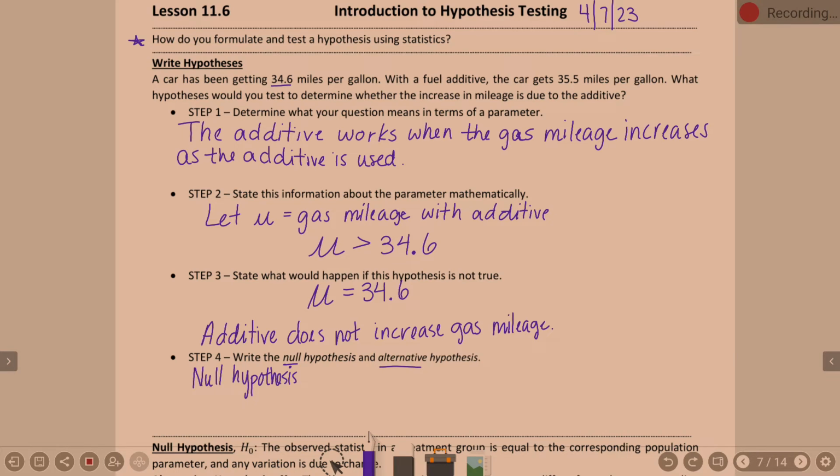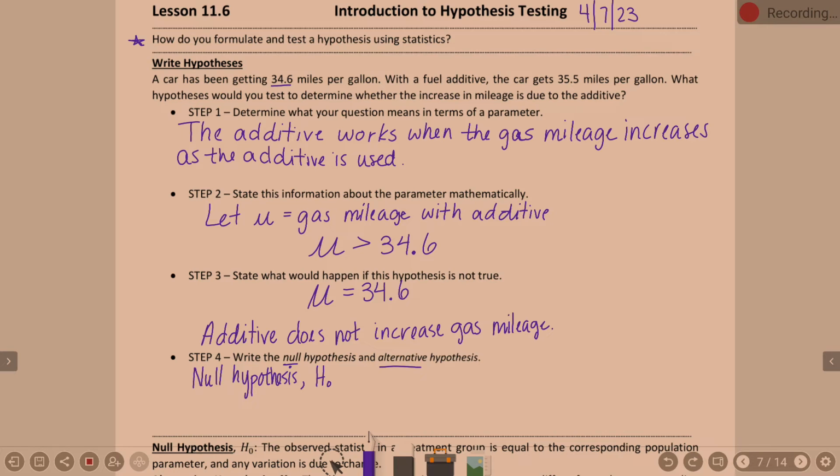First of all, what it will be represented as when they give it to you in homework and stuff is H sub 0. 0 being null is another way of saying the beginning or 0. So H sub 0 is your null hypothesis representation.